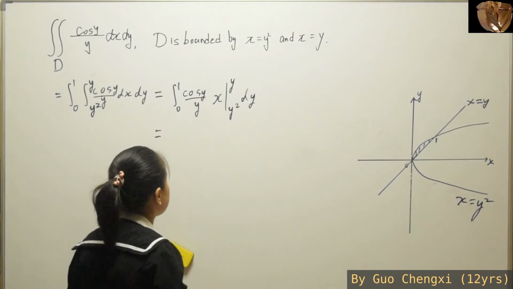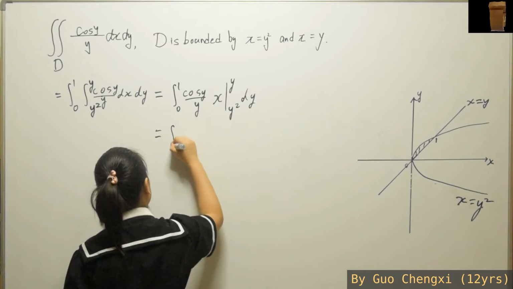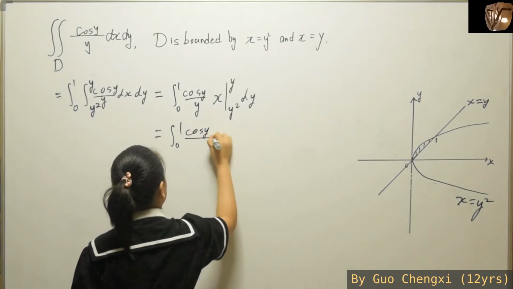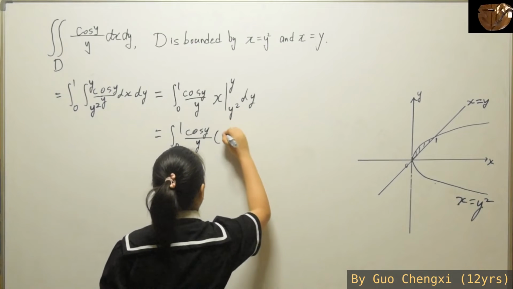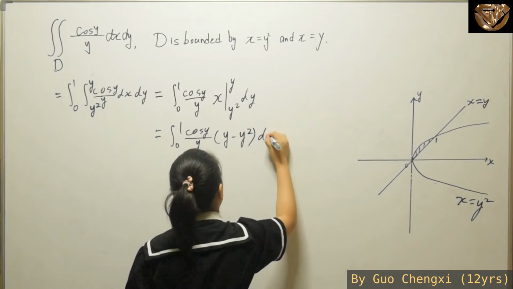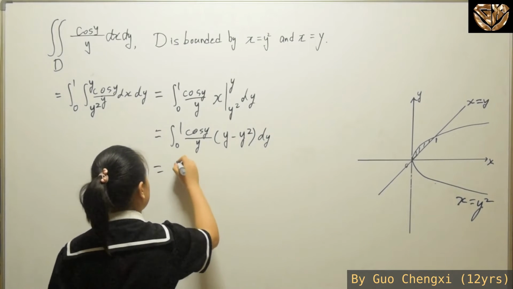Now that we have gotten this part, what we're going to have next is we can sub in the boundaries and you get y minus y squared, which will have dy over here.